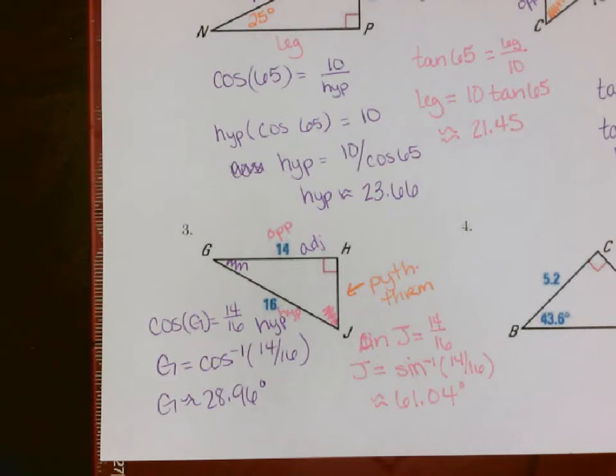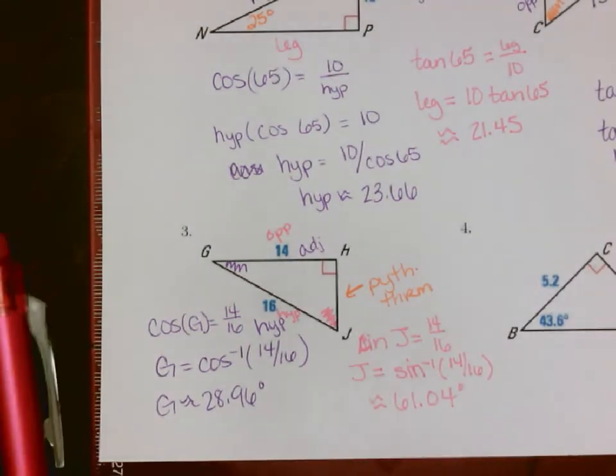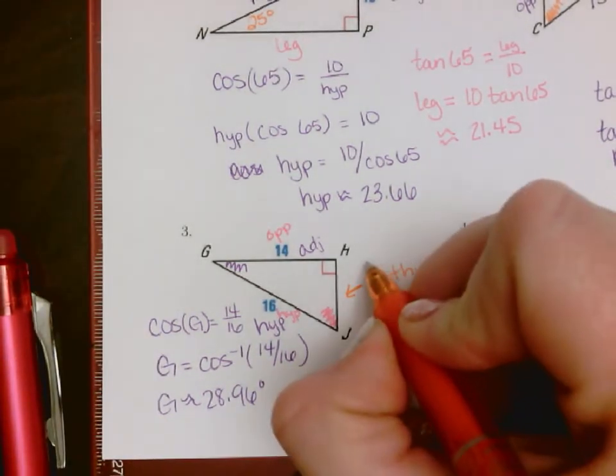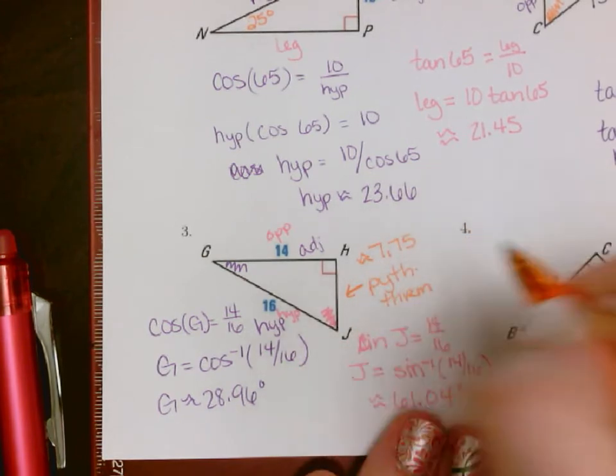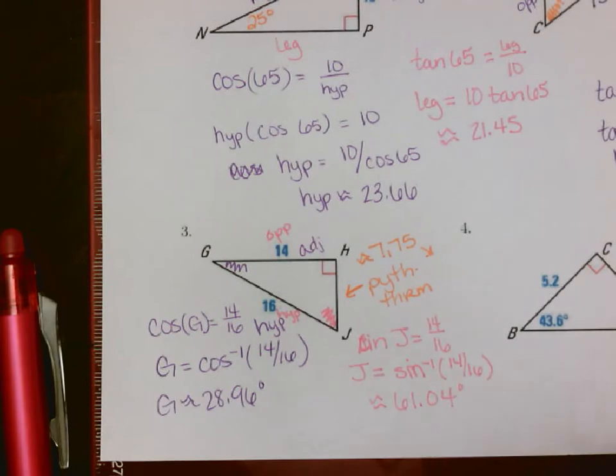Once again, I'm not going to solve for HJ, but you would do Pythagorean theorem. If you do that on your own, that would be approximately 7.75, or if you did it by exact answer, it's the square root of 60.